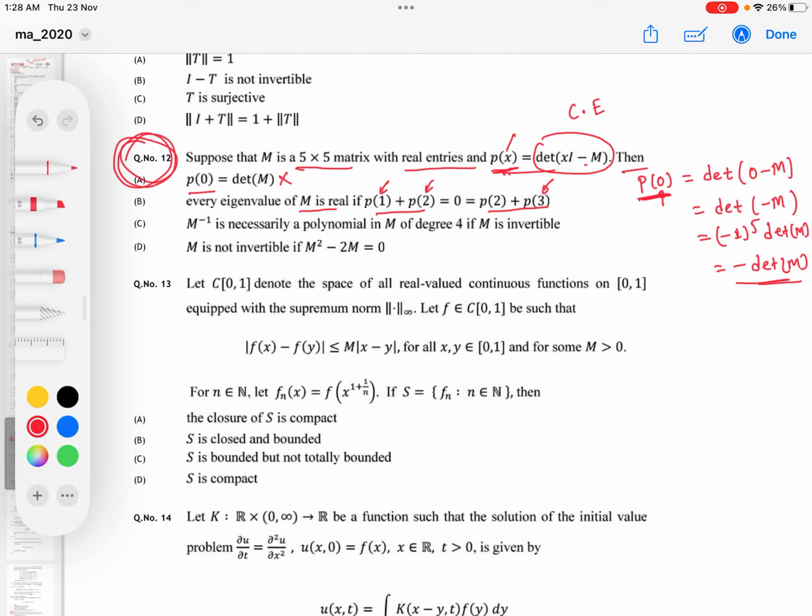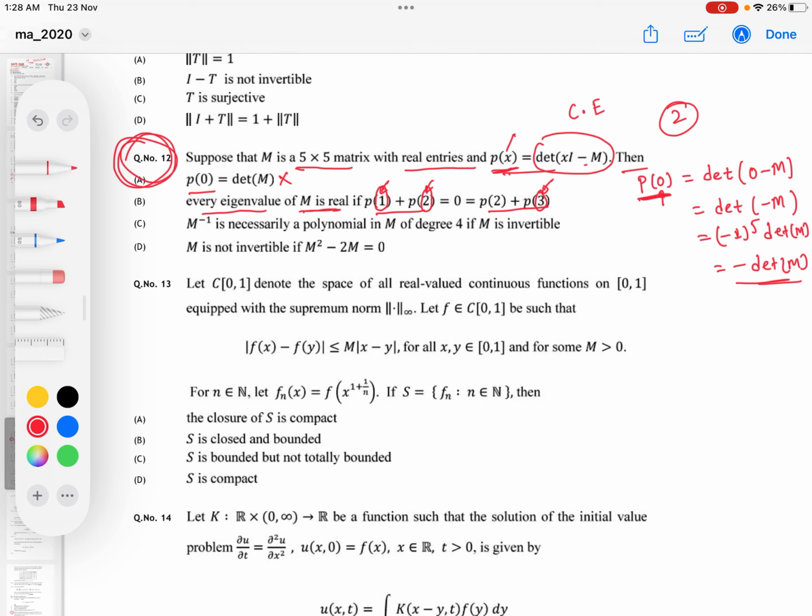It is saying that every eigenvalue of M is real, but we do not have the information about every eigenvalue, right? We are still left with two eigenvalues, and those two may be complex or maybe real.